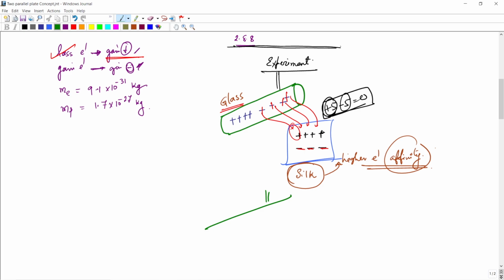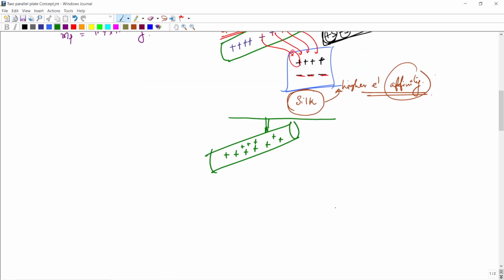One thing here: this experiment is performed in very dry conditions. The humidity is very low, the water particles in the air are very few, so the loss of charge is almost negligible.